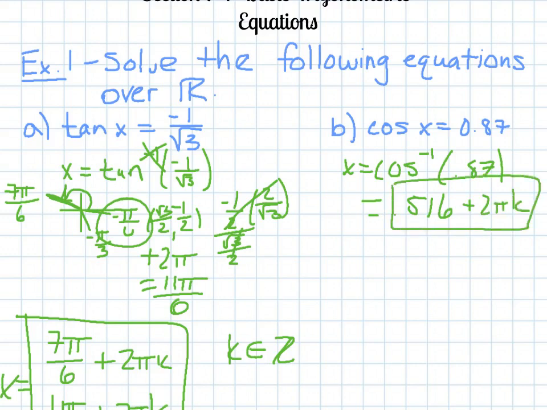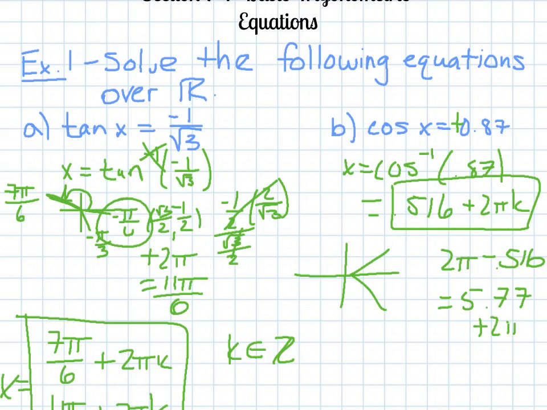Now, using our reference angles, I can get all the other ones. This one's in the first quadrant, so it's already a reference angle. To get the other one, it's going to be in the fourth quadrant, because that's the other place where cosine is positive. So I need to take 2 pi minus this 0.516, which gives me 5.77, and then add 2 pi k here.